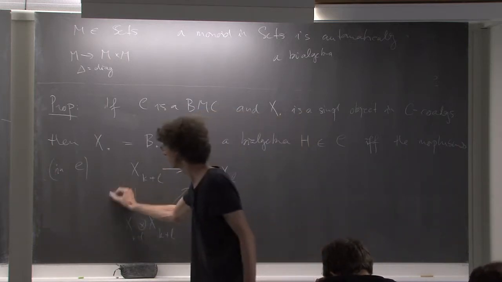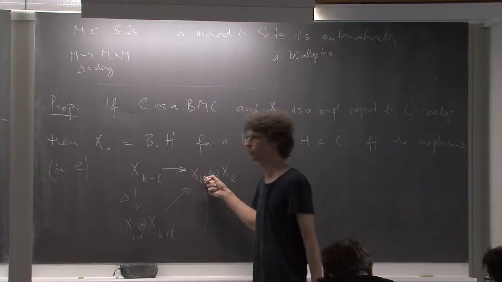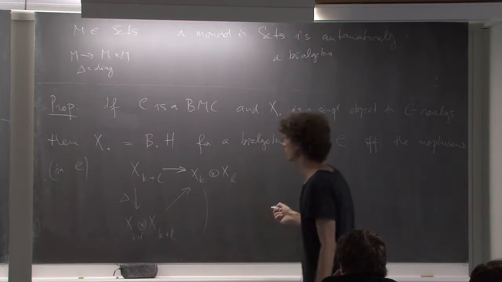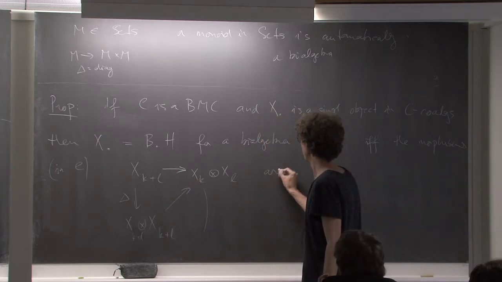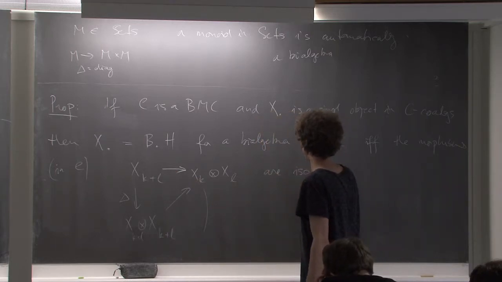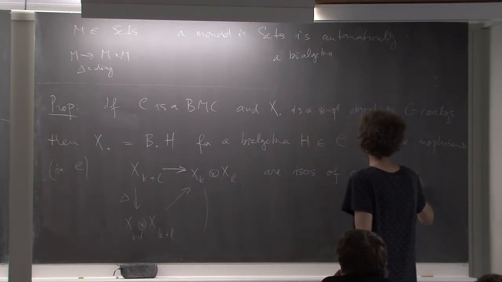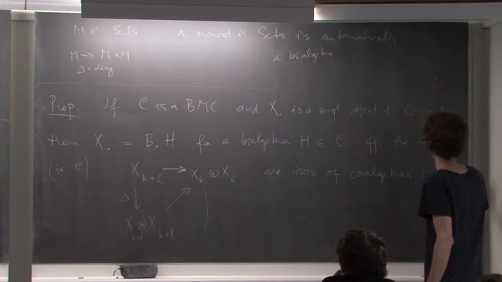So we have just written how that morphism is obtained. It's just the composition of these two. So if and only if these morphisms are isomorphisms of coalgebras in C.